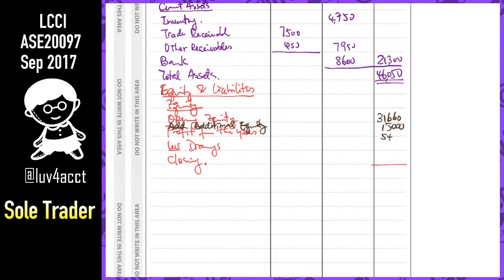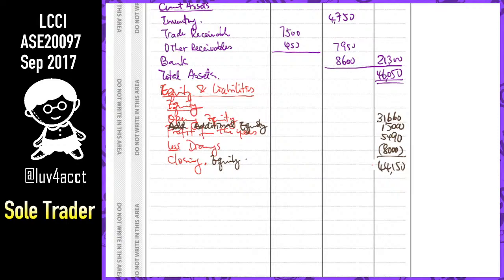Okay, and then 5490, and then 8,000 negative. So closing equity will be 31660 plus 15,000 plus this one minus 8,000. You have 44150.